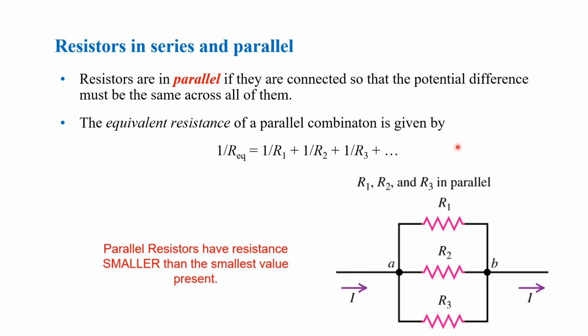To get R equivalent, you just take the reciprocal of this sum, and you get the equivalent resistance for your circuit. Parallel resistors have a resistance smaller than the smallest value present, and that is because of the 1 over R sum.